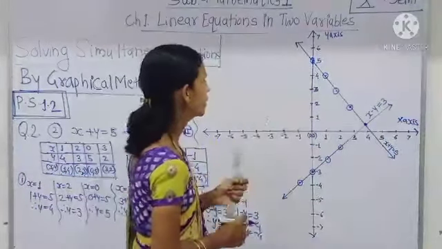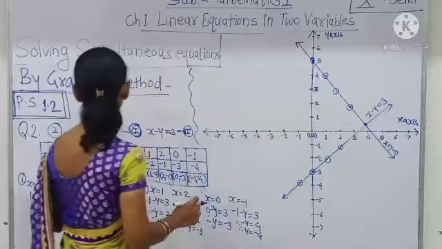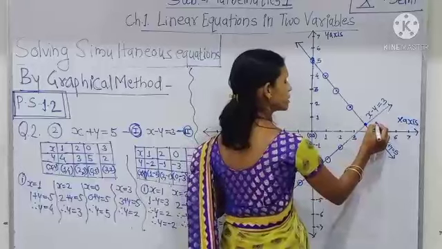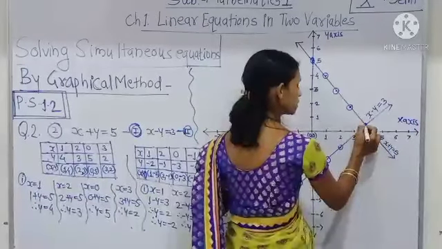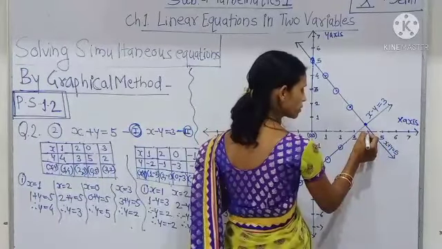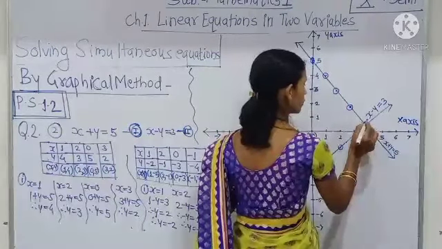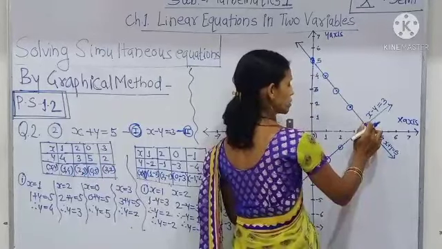Therefore we get the solution for that simultaneous equation, that is the coordinates of that intersection point.